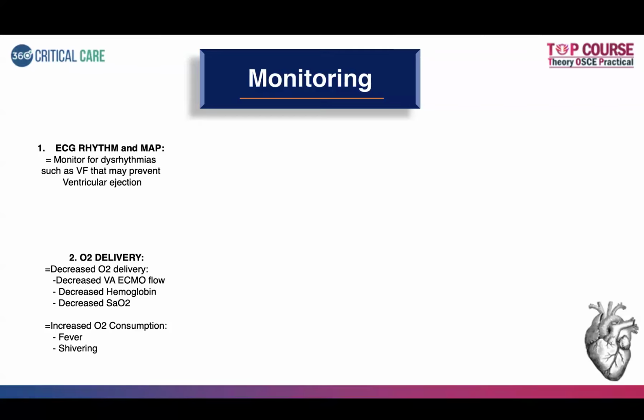Or if there is increased O2 consumption because of fever or shivering, because as I said, the adequacy of the oxygenator providing adequate oxygenation depends on various factors. One among that is O2 delivery. If any of these two issues are there, that needs to be troubleshooted. Otherwise, the O2 delivery back to the patient may be hampered.